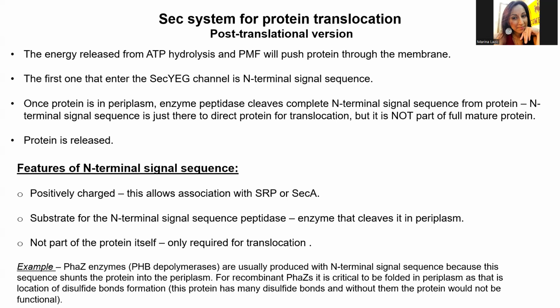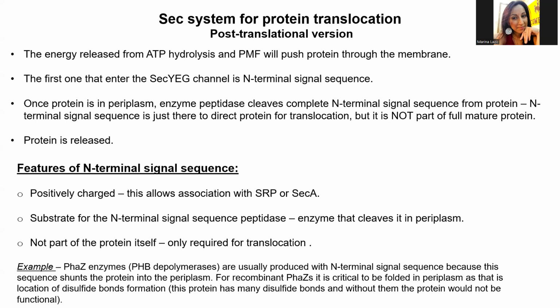PhaZs have a lot of disulfide bonds, and disulfide bonds are usually formed in the periplasm, which means if you have a protein that is full of disulfide bonds, you have to put that N-terminal signal sequence because it has to be exported to the periplasm so you can have proper folding of disulfide bonds.